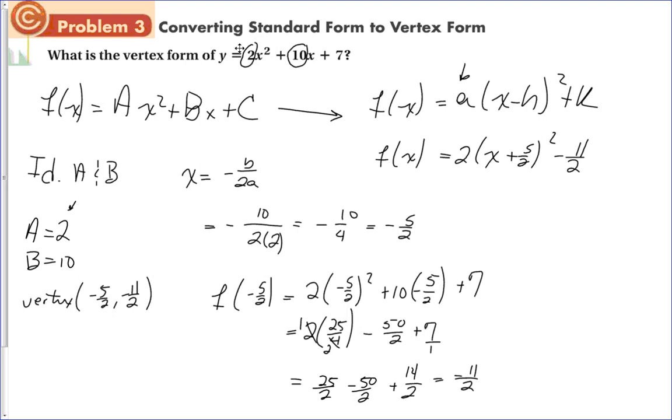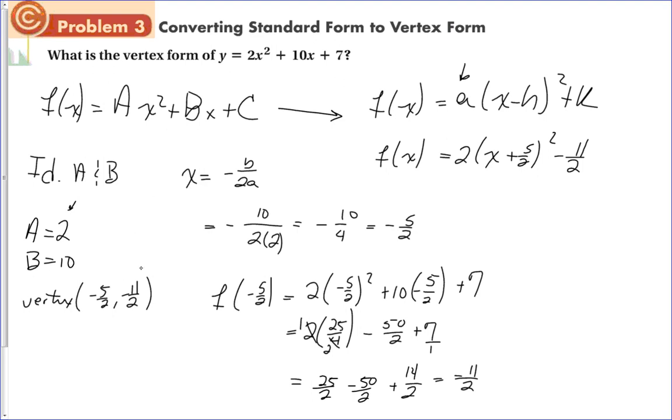So what is vertex form of y equals 2x squared plus 10x plus 7? Well, it is simply y, or f of x, because like I said, they're interchangeable, equals 2 times (x plus 5 halves) squared minus 11 over 2.